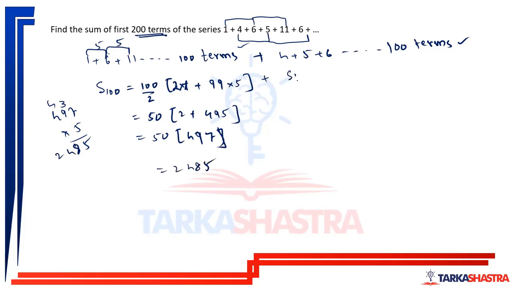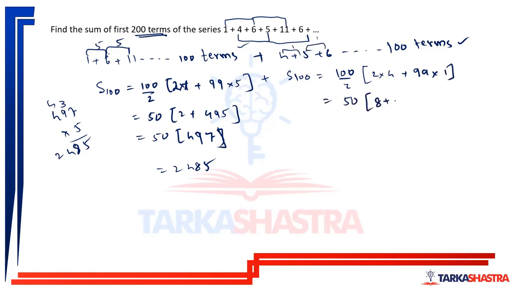Now we move here. It will be the sum of 100 terms, which is 100 upon 2 into 2a, that is 2 into 4, plus 100 minus 1, that is 99, into the common difference of 1 only. So 100 upon 2 is 50.